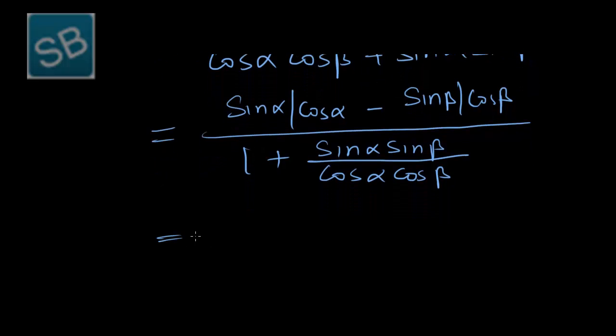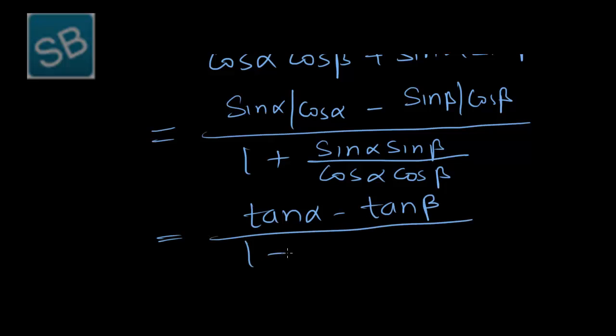So we get (tan alpha minus tan beta) over (1 plus tan alpha into tan beta).